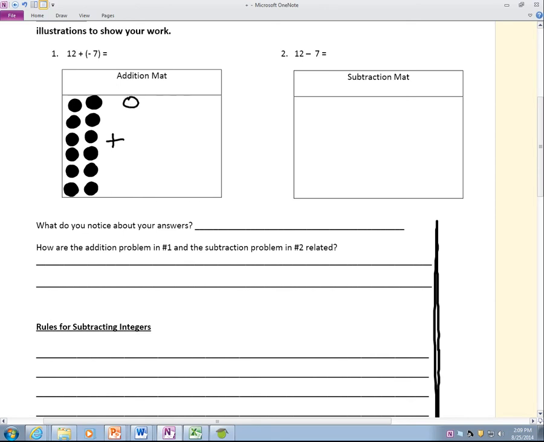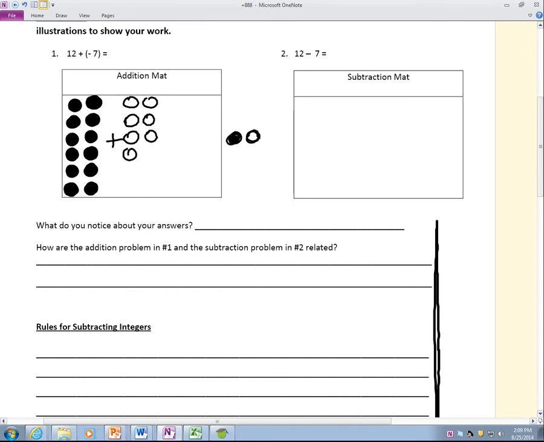Plus 1, 2, 3, 4, 5, 6, 7 negative integers. And from what we've been learning the last couple of days of class, when you see a positive integer next to a negative integer, what do those become?